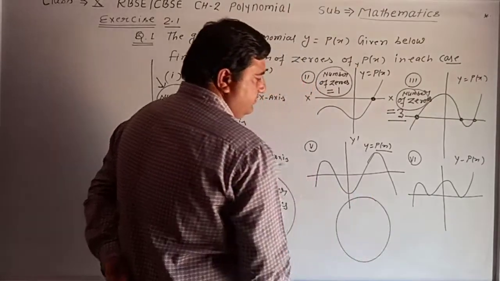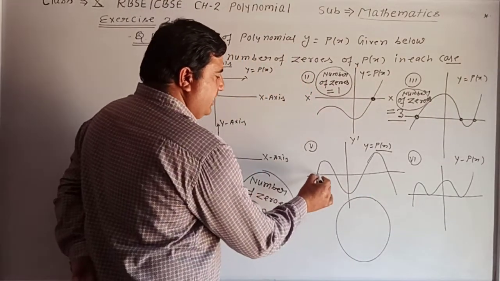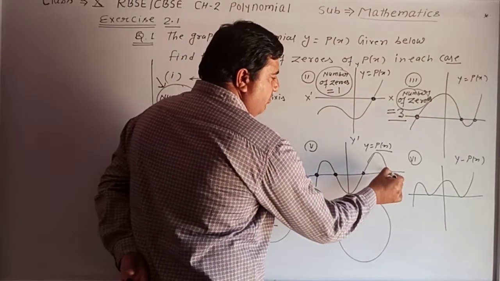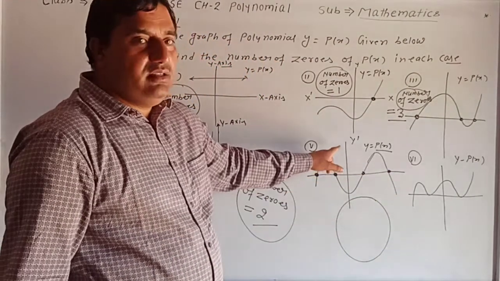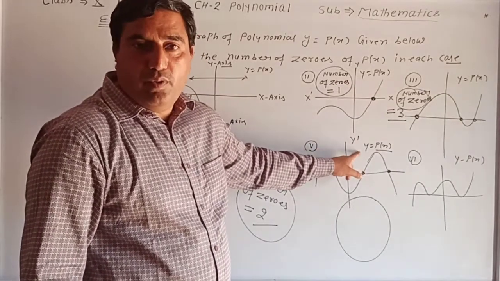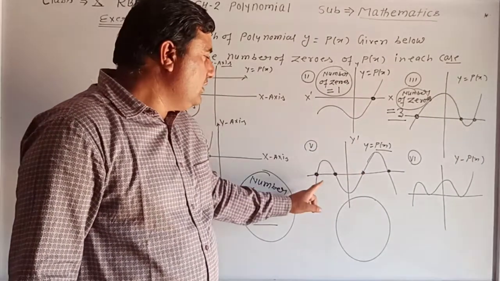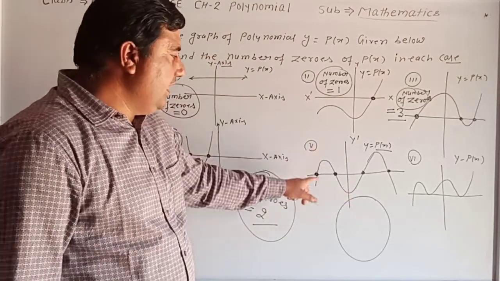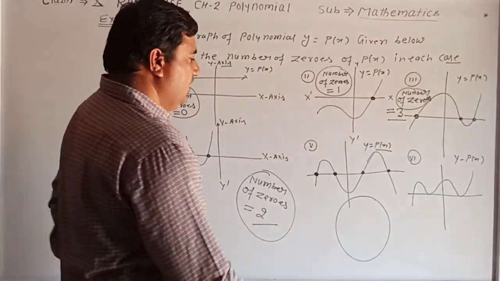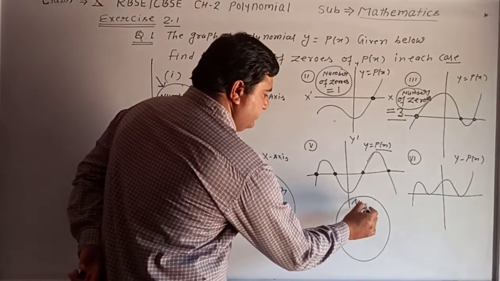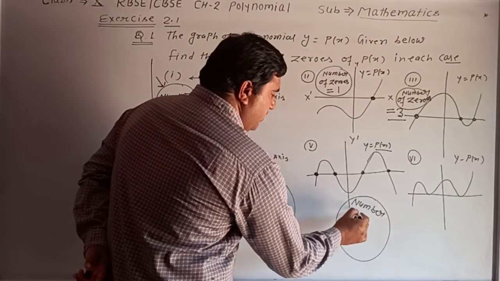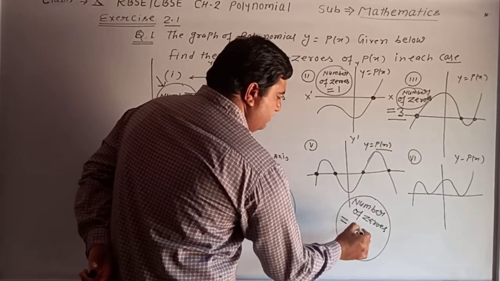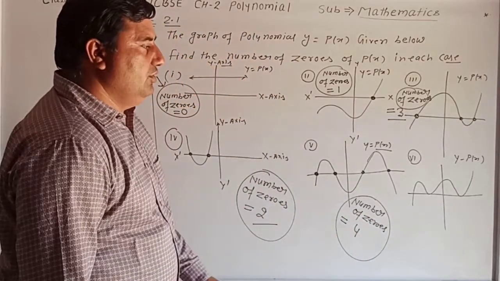In this figure, the graph intersects the x-axis 1, 2, 3, 4 times. The graph of polynomial px intersects the x-axis 4 times, then the number of zeros is 4.